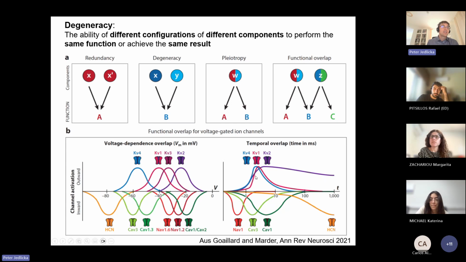So also the kinetics of these channels is not strictly separate in time. The speed of their activation and inactivation is very overlapping. And that means naturally that those channels will contribute to similar electrophysiological patterns.